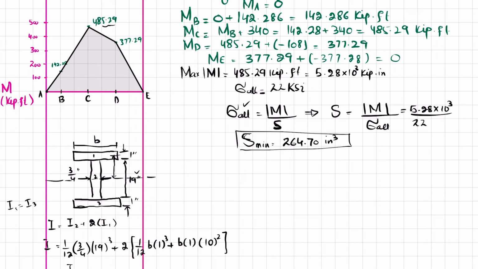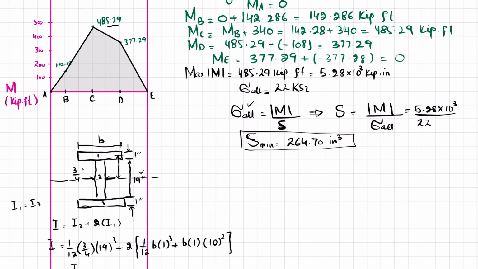After solving, from here you will get the moment of inertia I equal to 428.69 plus 200.17 times B. From here you can also check that C is the distance from the neutral axis to the topmost fiber. This C is equal to 10.5.